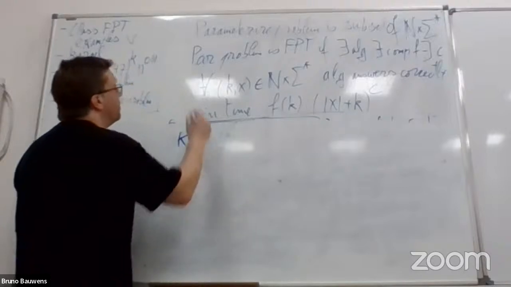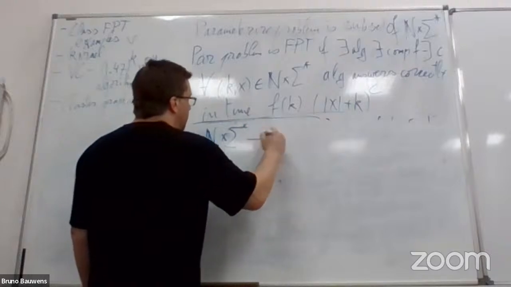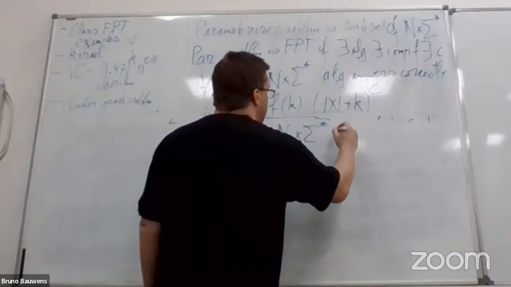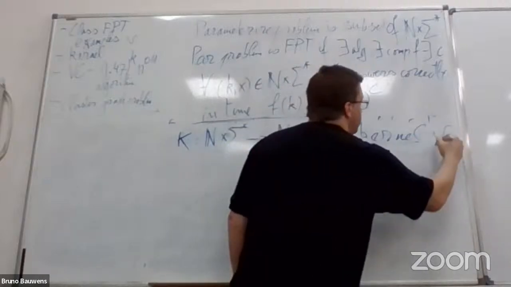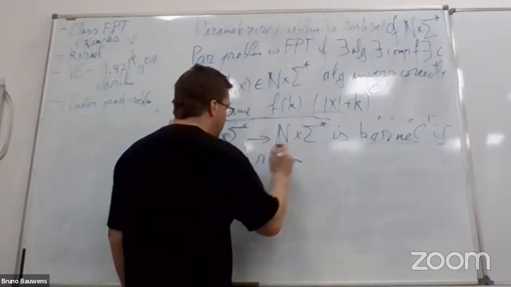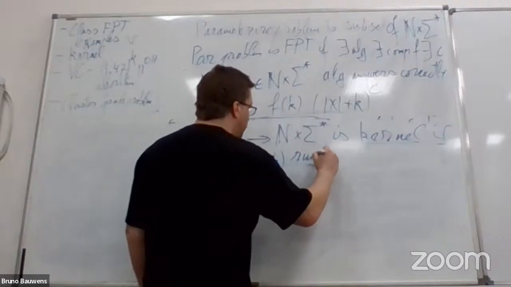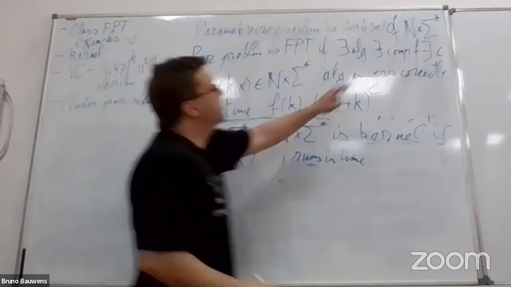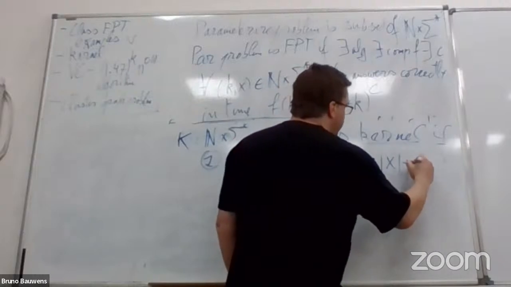So a kernelization is a mapping from a parameterized problem. This is a kernel if three conditions hold. One, it runs in time polynomial in the length of x plus k.